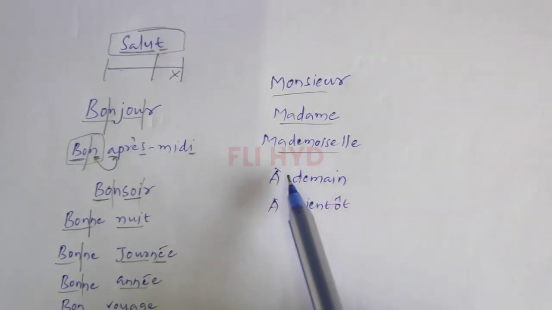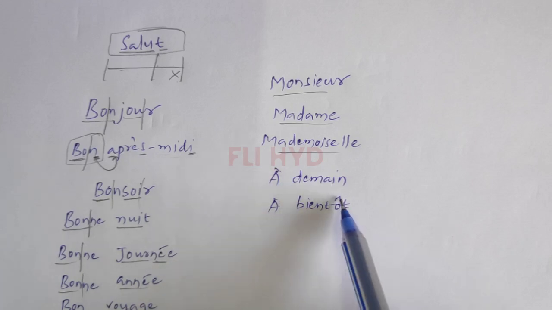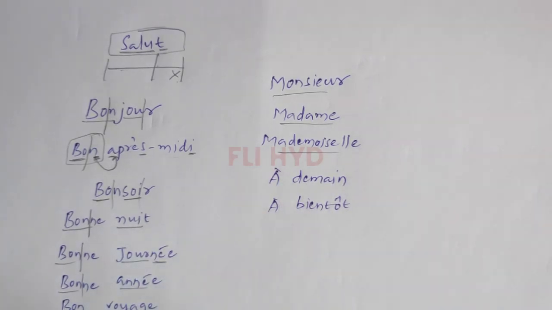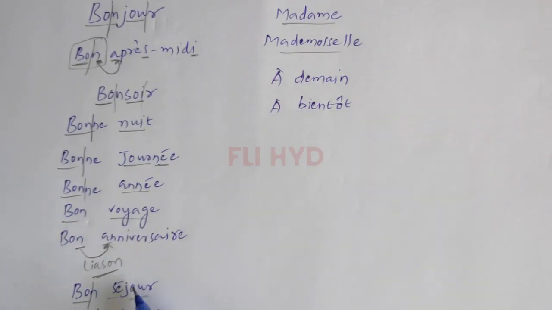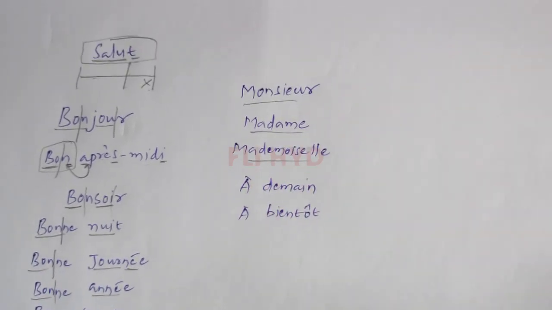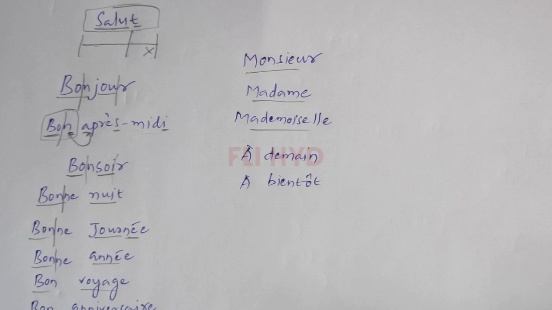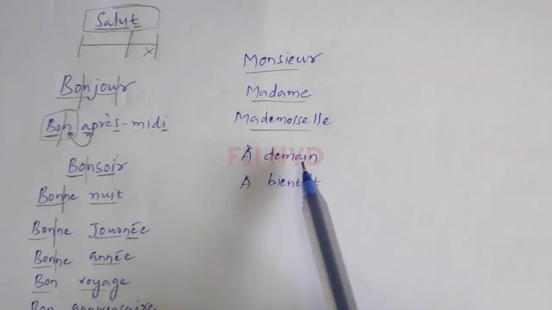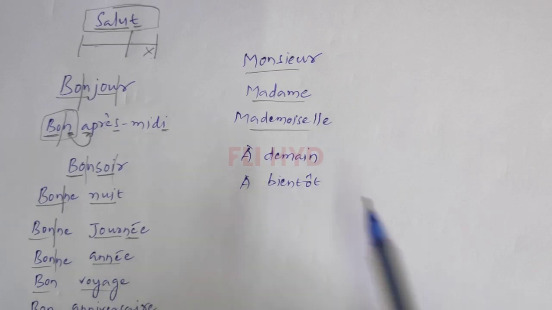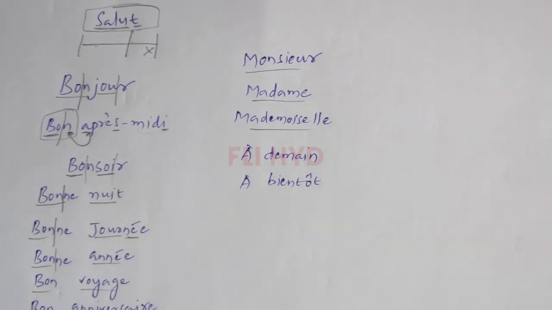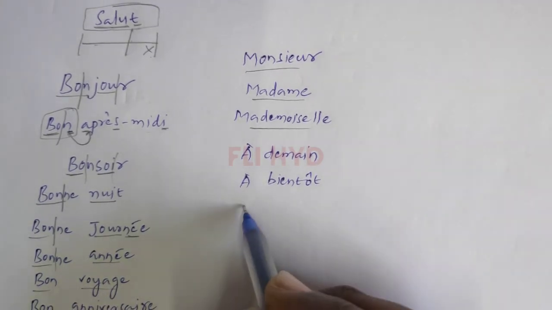Here you can see some strophes, okay. I keep one more strophe here. These are all actually called strophes, which you'll come to know in later classes. As of now, just follow this. So à demain, see you tomorrow, à bientôt, see you soon.